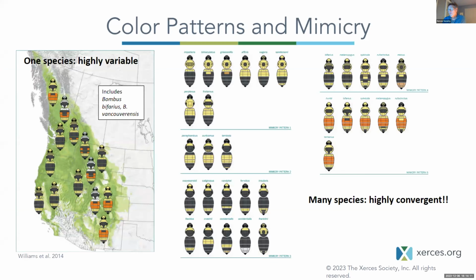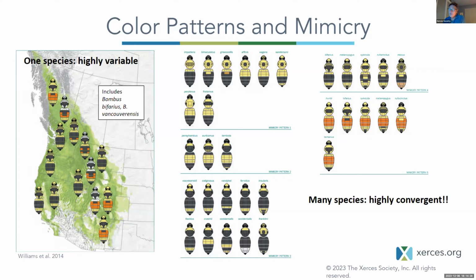So as with the females, and these are females indicated in these little cartoons, the males form these complexes of very similar looking species in one place. We call them mimetic complexes, and the thinking is that they have evolved to look similar to each other in habitats that they share, so that predators will be more likely to avoid any bee that looks like the one that is dangerous to them.